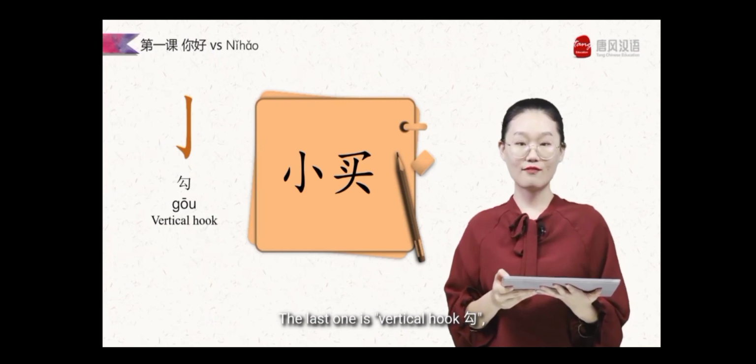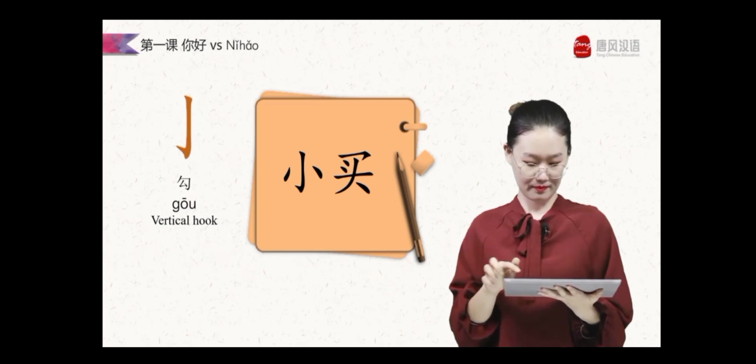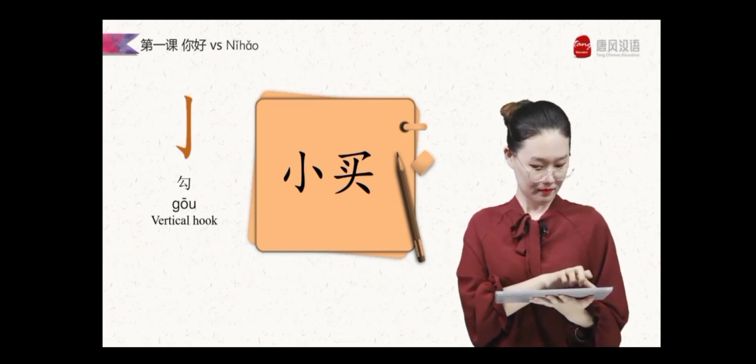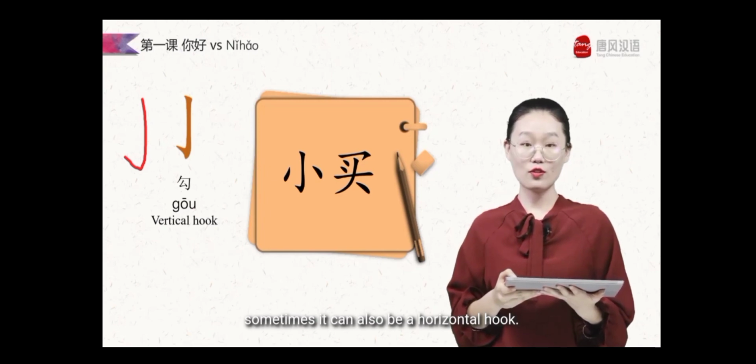The last one is vertical hook, 钩, which is to stop writing vertically and hook upward to the upper left corner. Sometimes it can also be a horizontal hook.